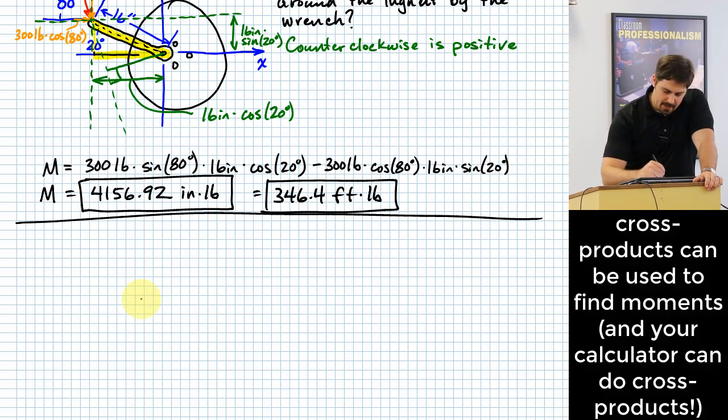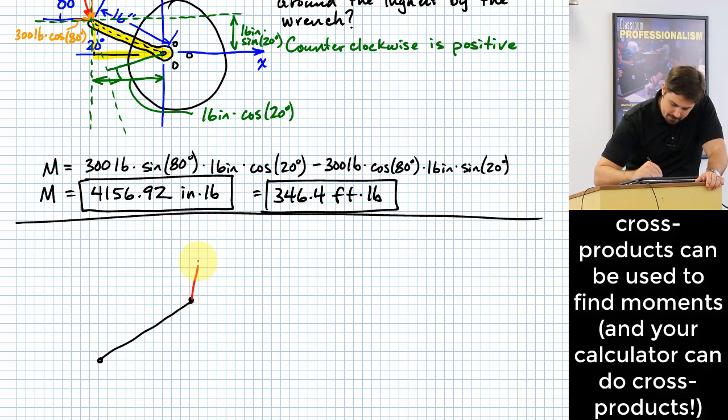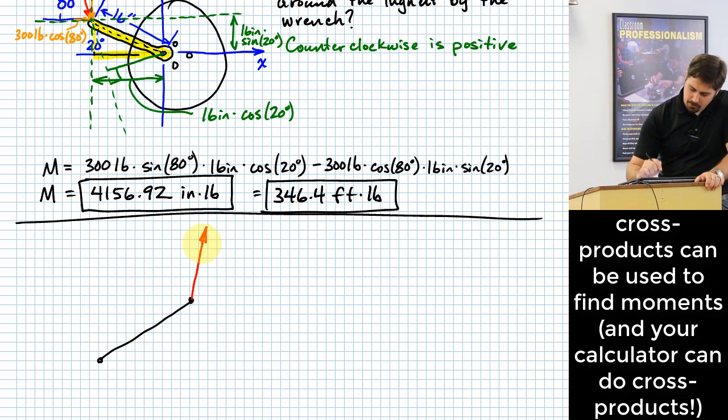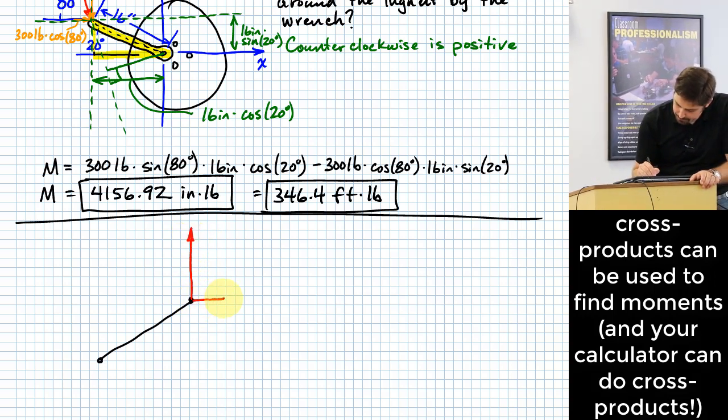Let's say that we have a lever that we're applying a force to. And let's say that we're applying a force on this lever, something like this. Actually, instead of showing the force like that, let me show it as a couple of components: a vertical component and a horizontal component.